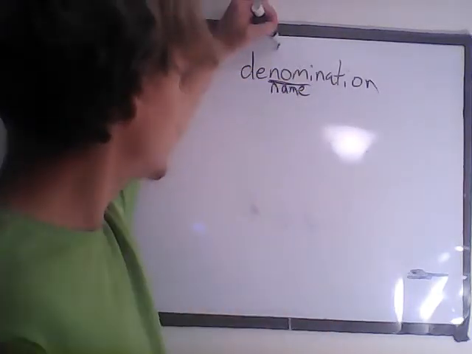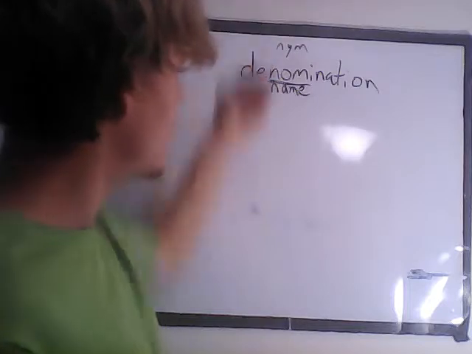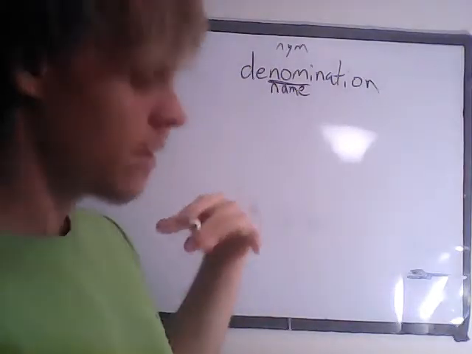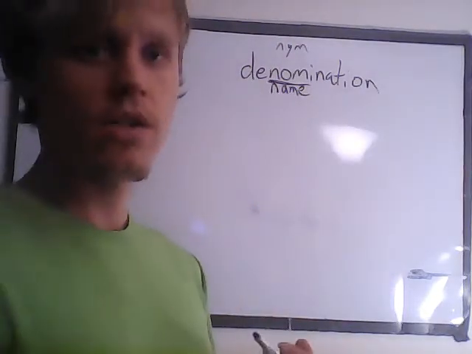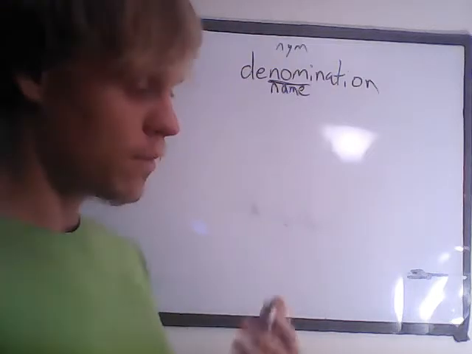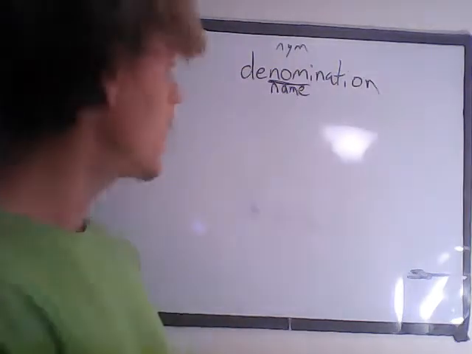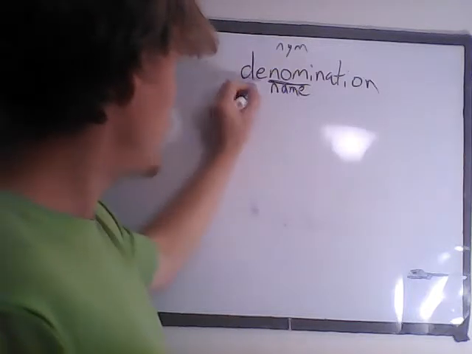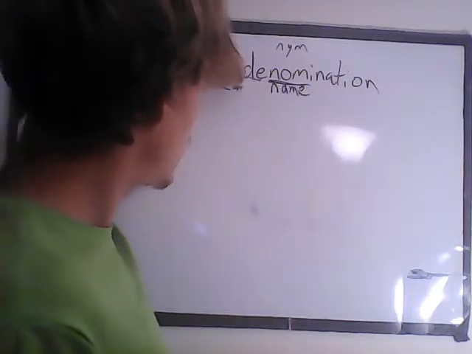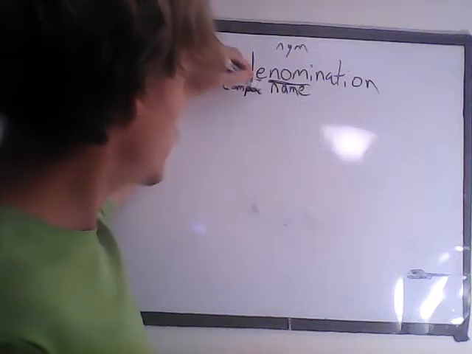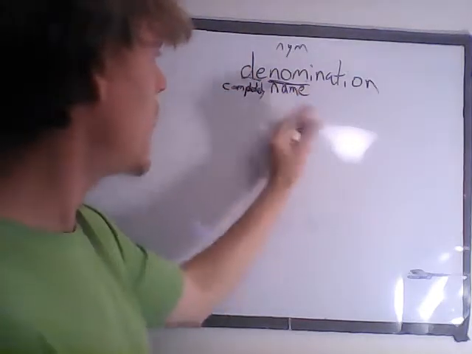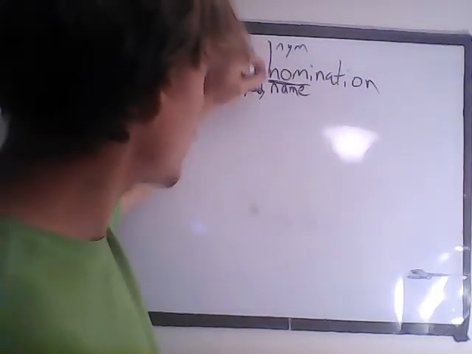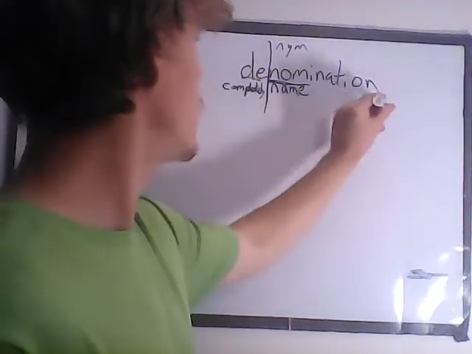Sometimes it'll look like nym. So you can get different nuances of a word. A pseudonym, or you might have heard a misnomer. So de means completely, complete, or completely, and then nomen, name. So this word right here, denomination, means a completely name.